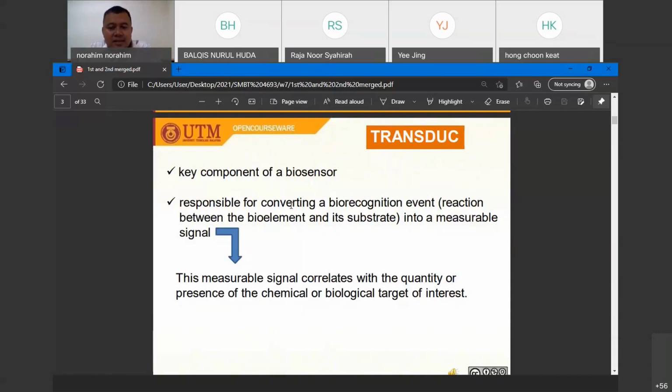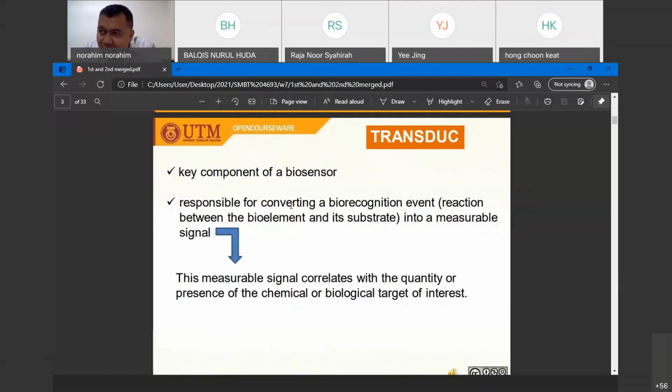What do we need? Kita perlukan apa? What do we need, guys? Biosensing element, transducer.